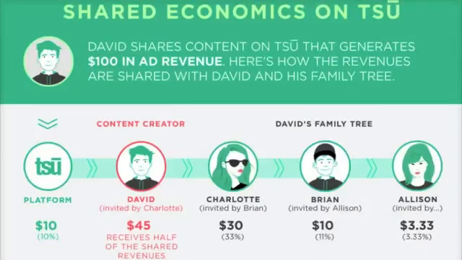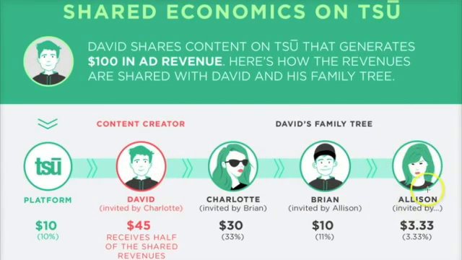Alright, so here's the shared economics on Sue that we talked about last time, and it had to do with David sharing content and how that ad revenue was shared along his family tree. So we'll talk once more on this to try to give you a sense of what's going on here. So in this example, they had David down here very far down the line. David came into Sue because of all these people above him, all right?